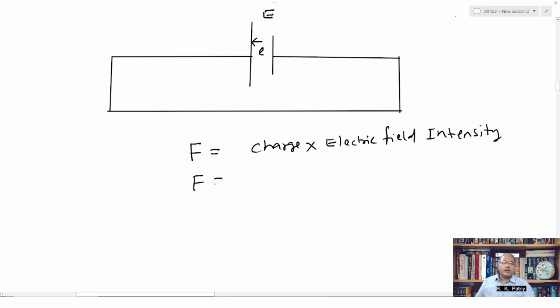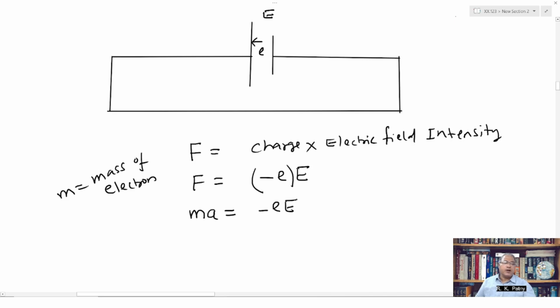Therefore, the force acting on the electron due to the electric field is minus e multiplied by E, and force is also given by mass into acceleration, where m is the mass of the electron. Therefore, ma equals minus eE. Therefore, the acceleration of the electron is given by minus eE upon m. This is the formula for the acceleration established in the electron due to the applied electric field.